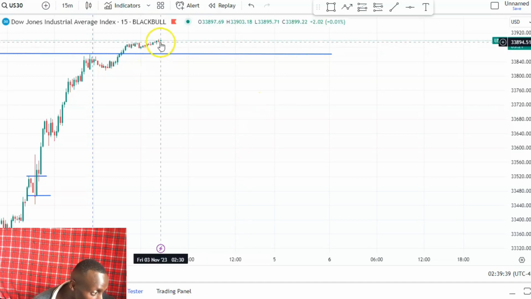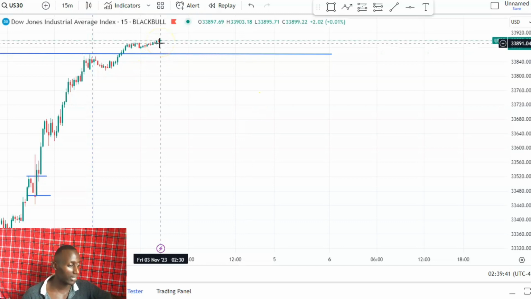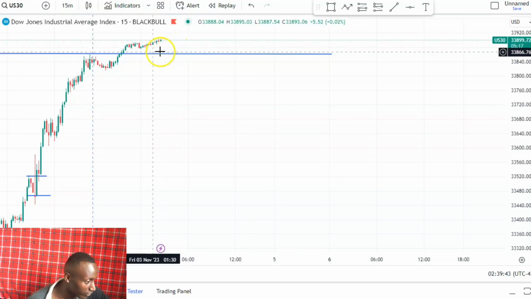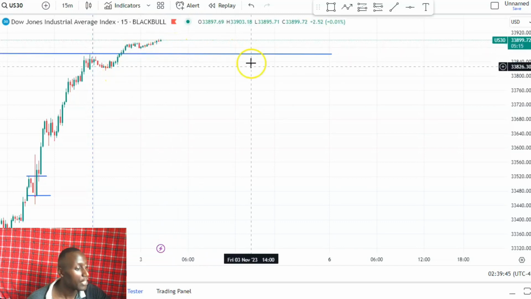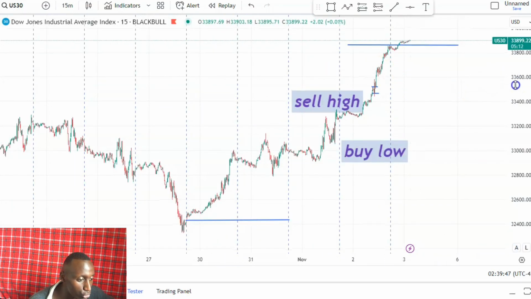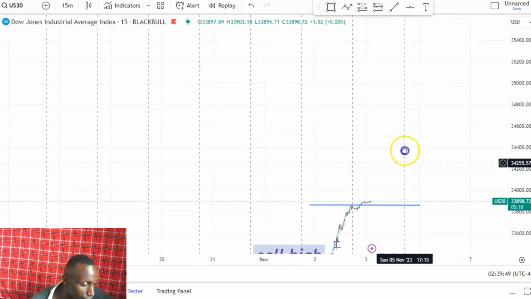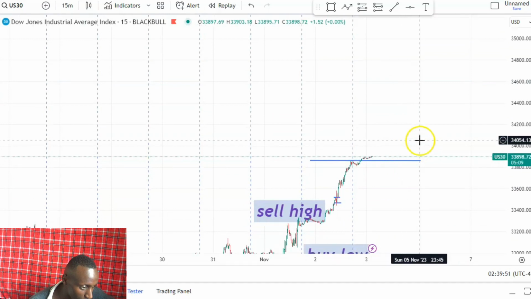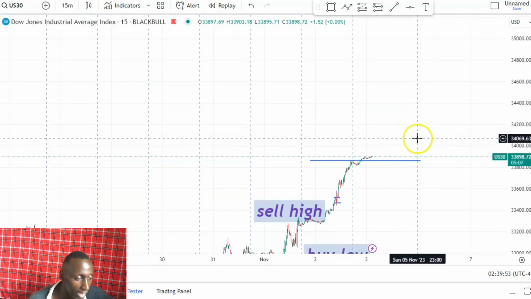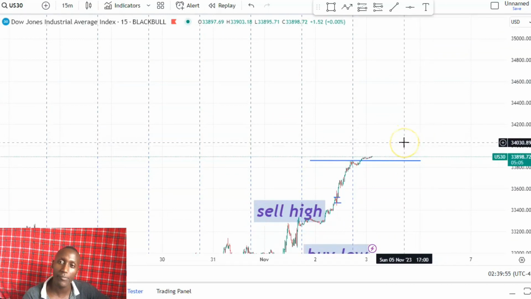But if price breaks out again, so today on Friday we've already broken out, if price does not close inside of this range and closes outside of the high of the week, then coming to the screen on Monday, I would be looking to continue buying low.